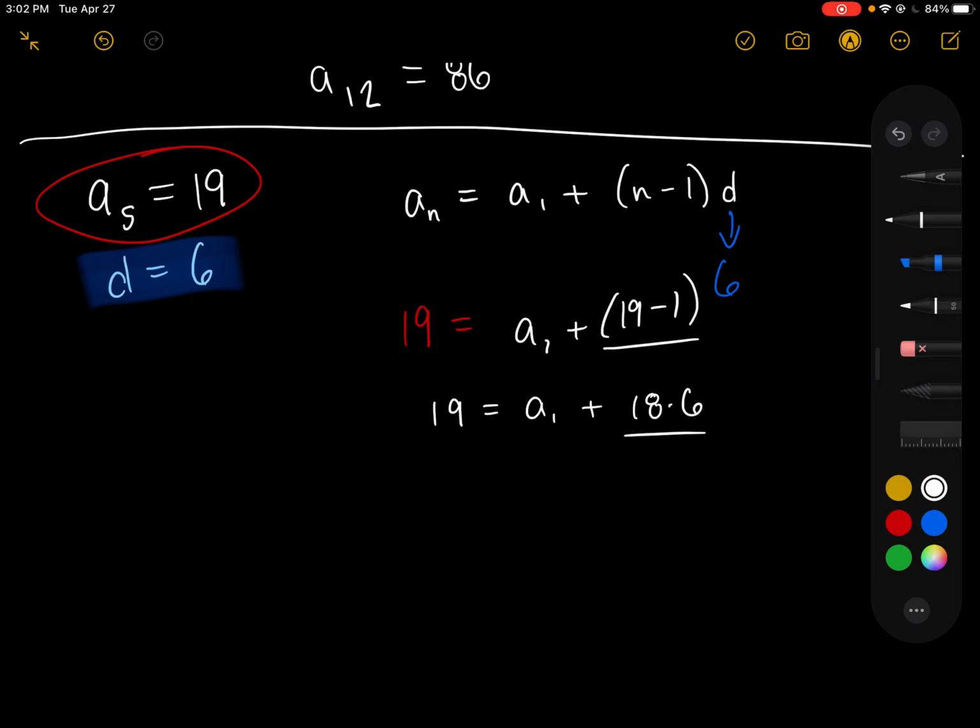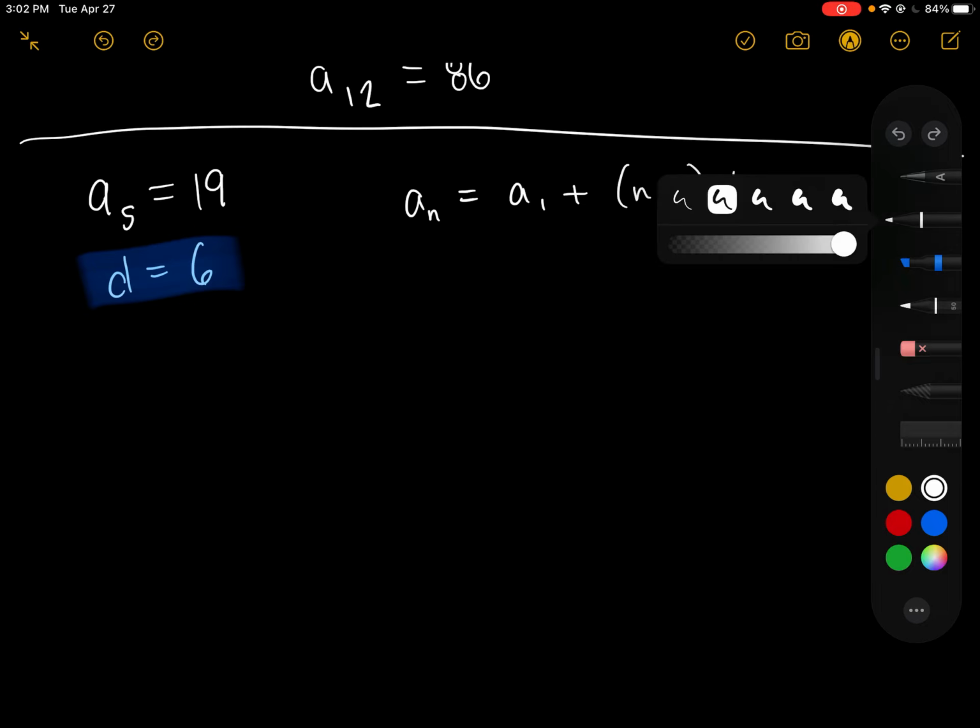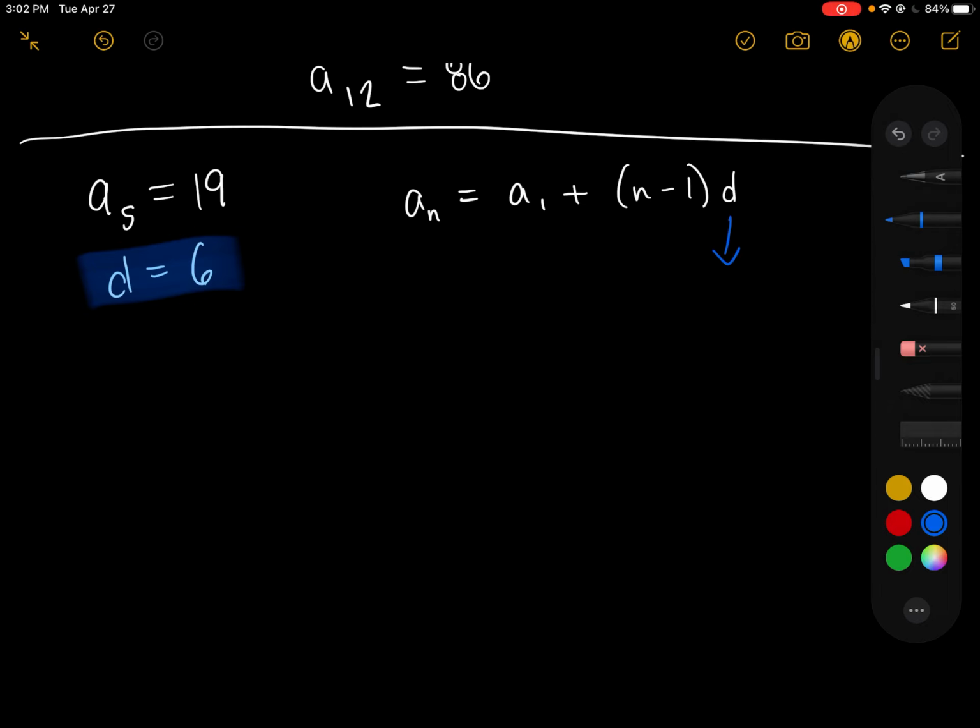So in this case, we can go through and simplify. So we get 18 times 6 plus our first term equals 19. 18 times 6 is something that we would now want to, oh, I did the wrong thing. Let me rewind here a little bit. Everything here was good. So we still know d, which is 6. We still know 19 is that answer there.